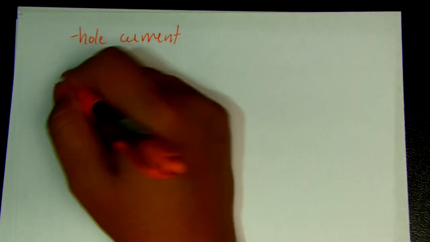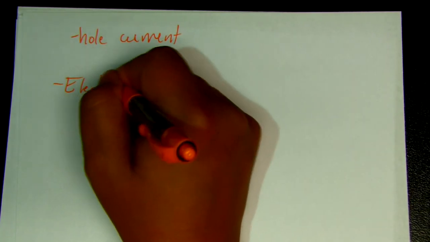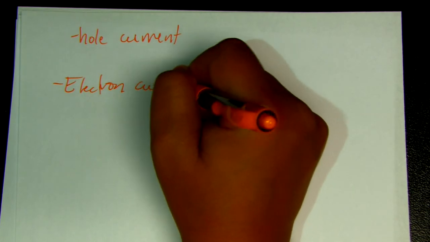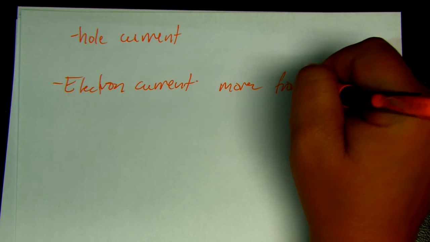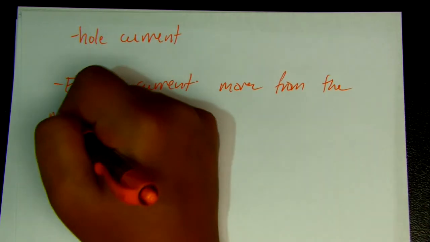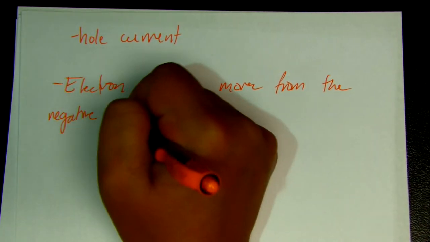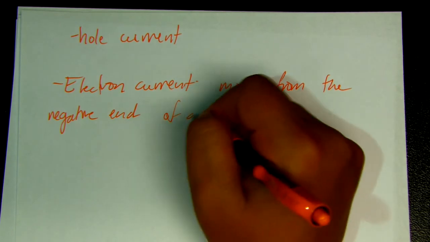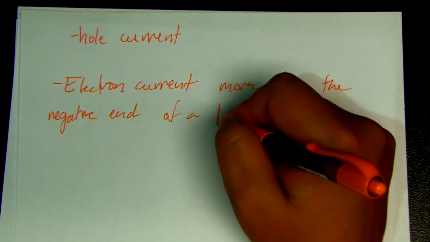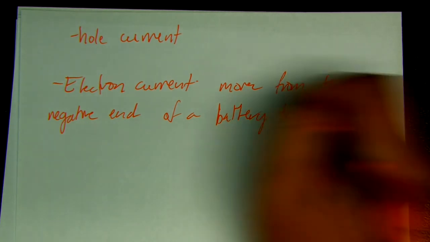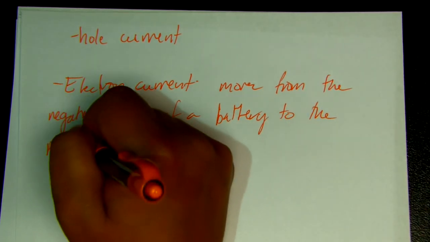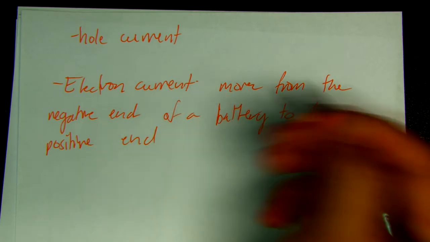So electron current moves from the negative end of a battery to the positive end. And this is because it will move opposite to the field.